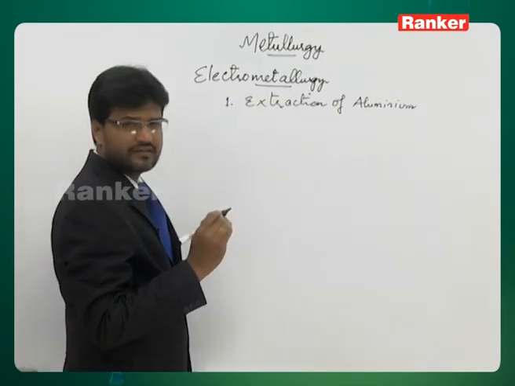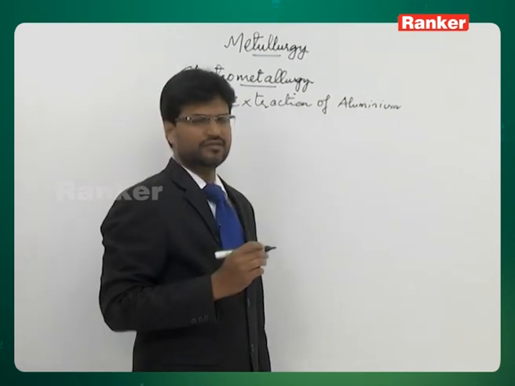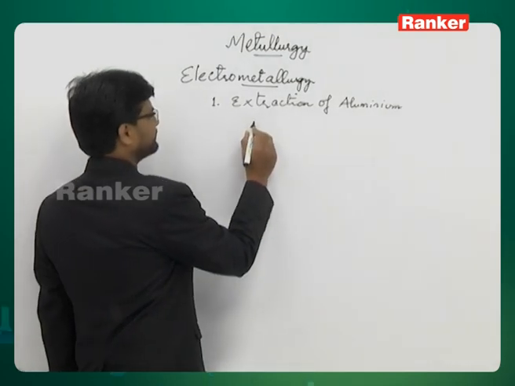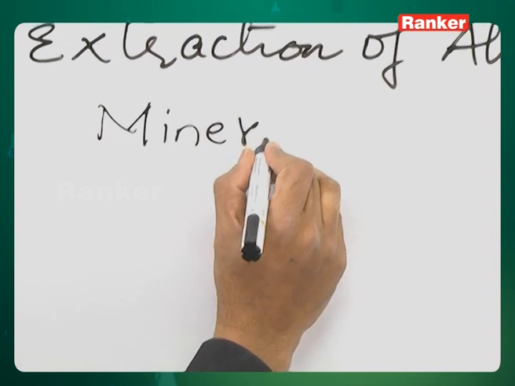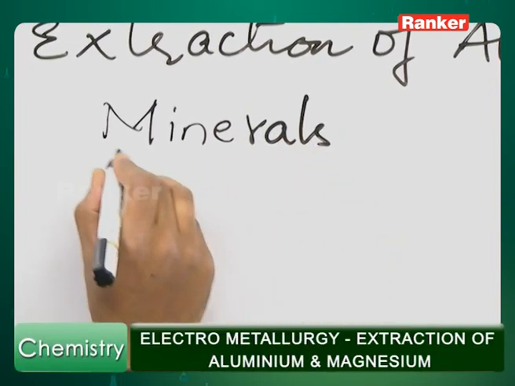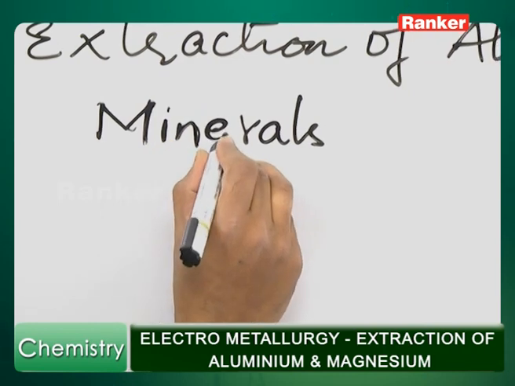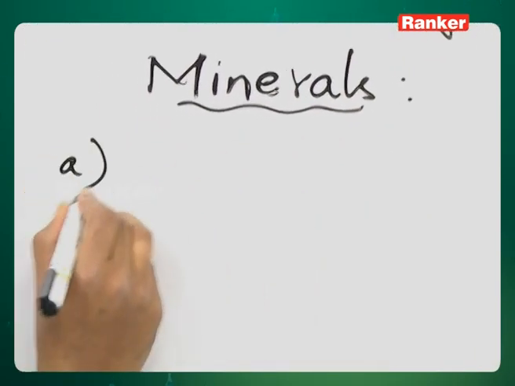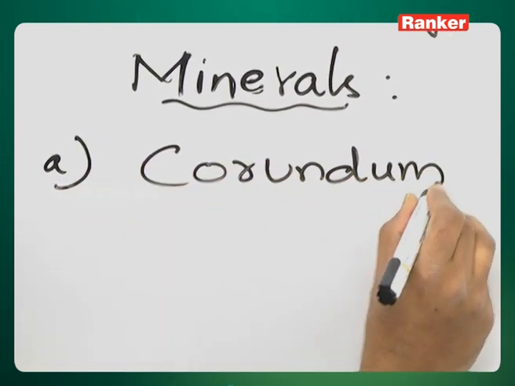First of all, I'd like to give you a list of important ores of aluminum, then we'll look into extraction of aluminum from bauxite. The list of important minerals of aluminum. Corundum.